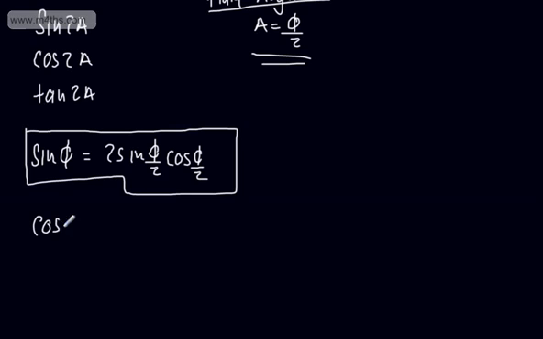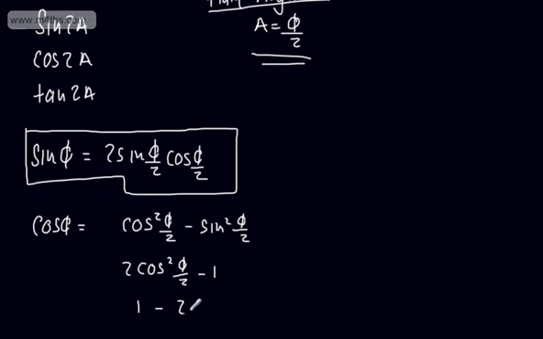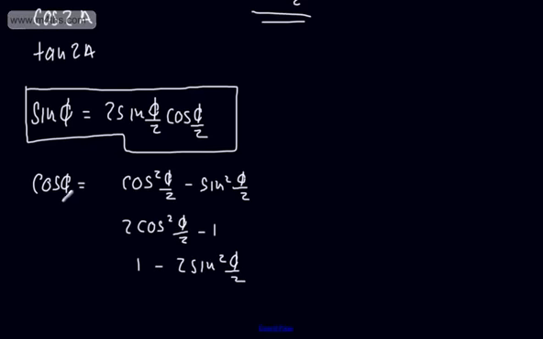If we look at cos of 2a, when a is theta over 2, we can say that cos theta is either equal to cos squared theta over 2 minus sine squared theta over 2, or 2 cos squared theta over 2 minus 1, or 1 minus 2 sine squared theta over 2. And again, these are really important results, especially when we come on to work with calculus.